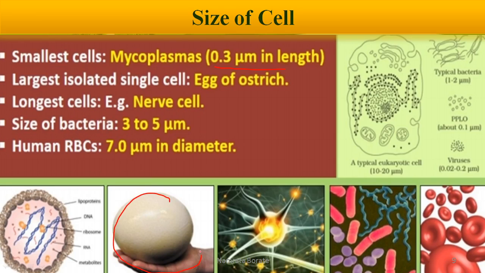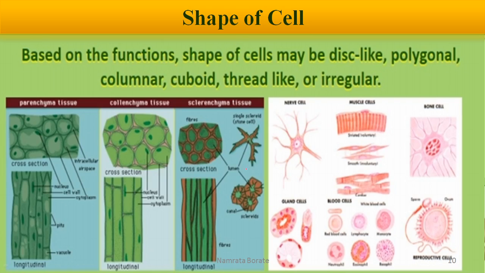Afterward, the longest cell is the nerve cell. The size of bacteria, we already know, is 3 to 5 micrometers. In case of human RBC, that is a red blood cell, it's near about 7 micrometers in diameter.